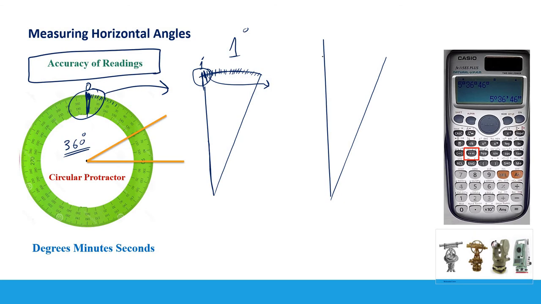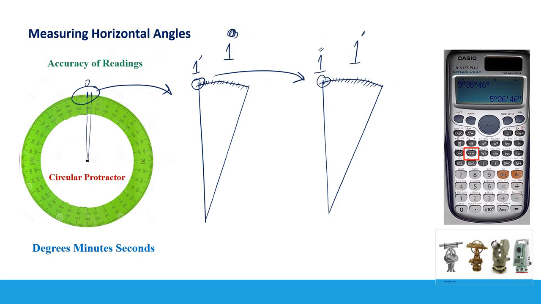So now again I will divide this 1 minute into 60 seconds. Okay, so each one of these is 1 second. So this is the level of accuracy that we are measuring our horizontal angles to using total station or even theodolite, okay, which is degree, minute, second.